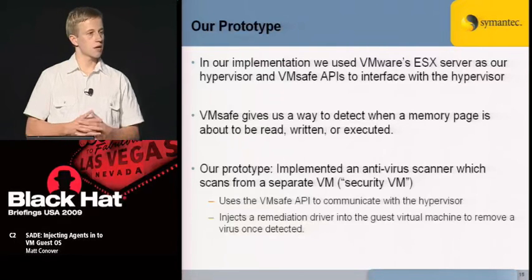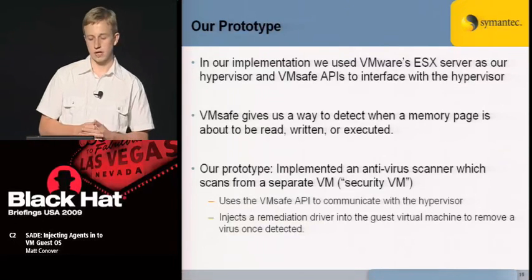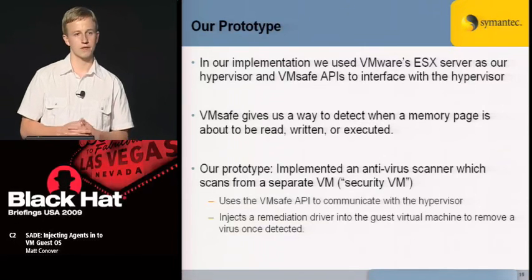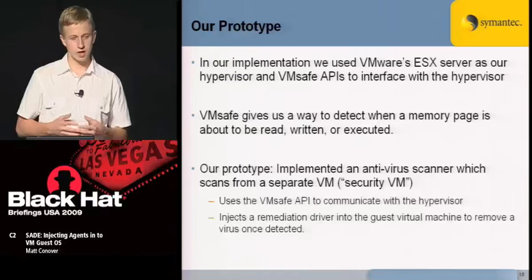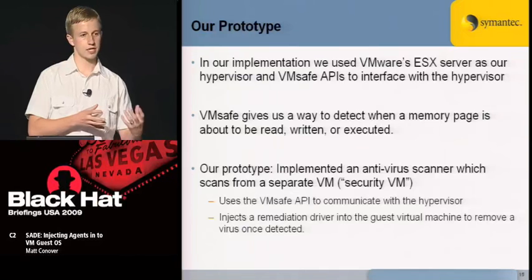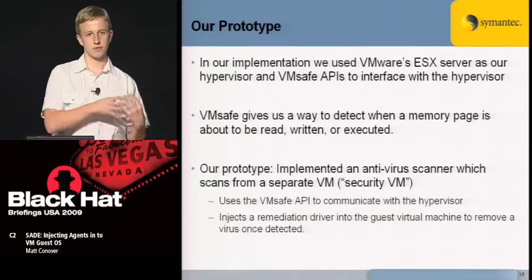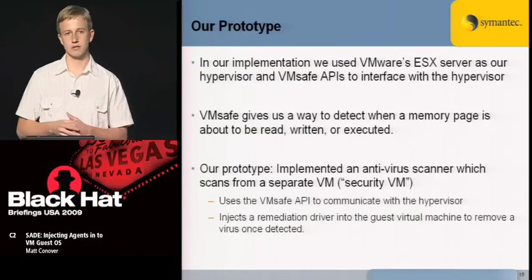Okay, so our prototype was designed on, as far as the test environment, we used a VMware ESX server, and we've used a security API which is provided by VMware called VMSafe. For someone not familiar with VMSafe, it's basically an API that will allow you, from a security virtual machine, to monitor or inspect or interact with the other virtual machines.